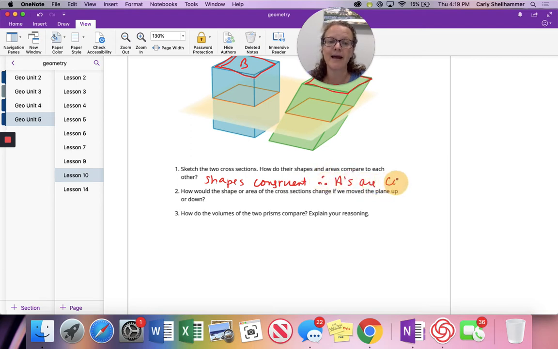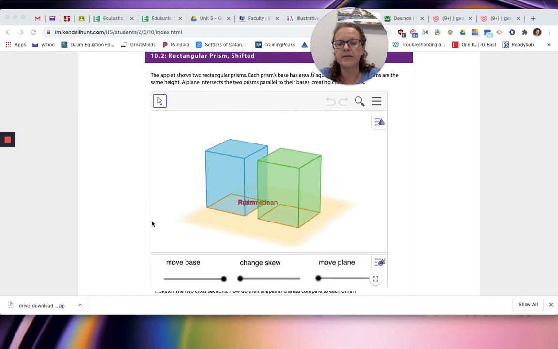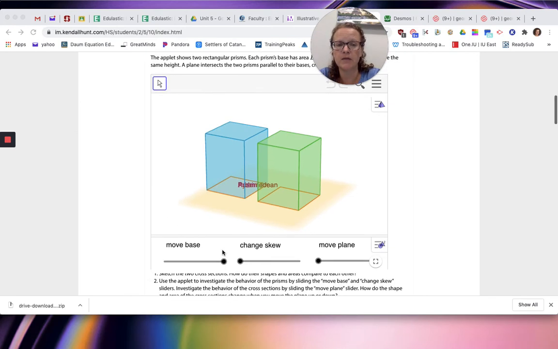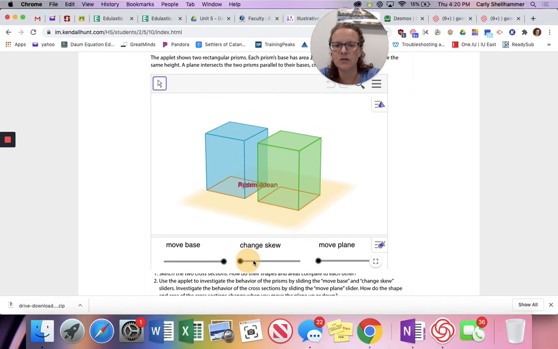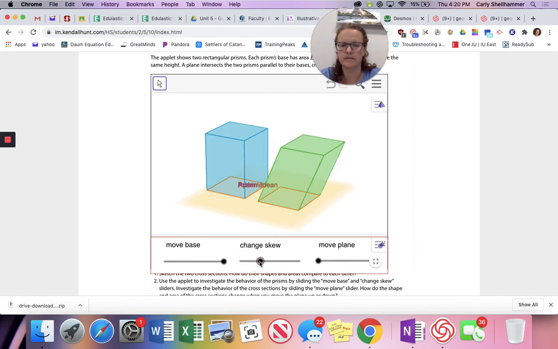And I'm going to go get that applet so we can look at it. Okay, be right back. Okay, now this applet is in your curriculum. You have a link to this. So I've got the bases. I can skew one of these, and I can move that plane up and down.